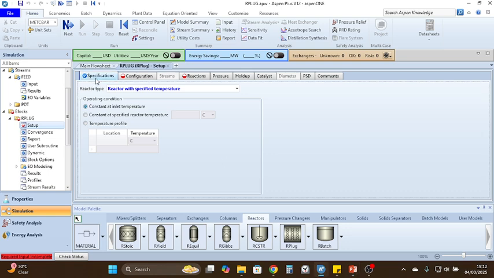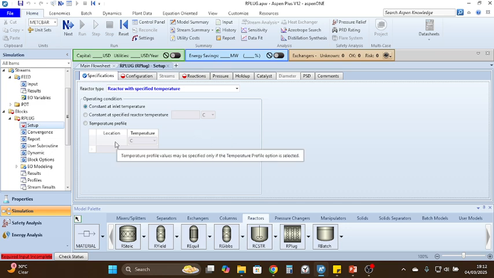So this is the specification that we have to use, reactor with specified temperature, and since the process is taking place at the feed temperature only, we are selecting it as constant at inlet temperature. If we have a different temperature of operation, we can specify this. We can also specify the temperature profile, because with progressing reaction, sometimes the temperature changes.